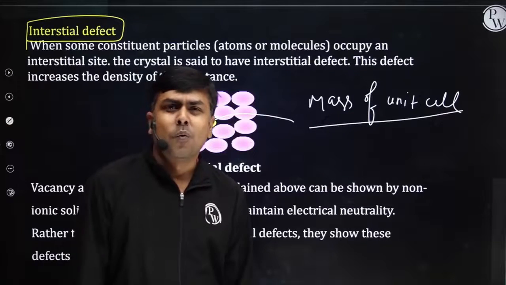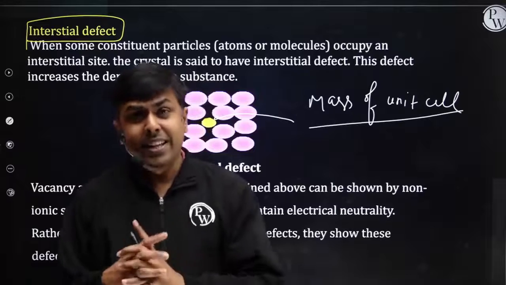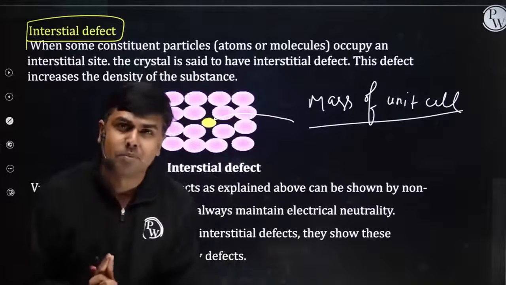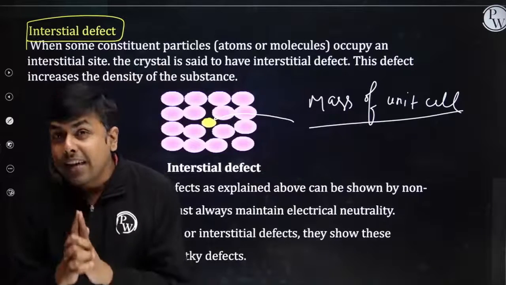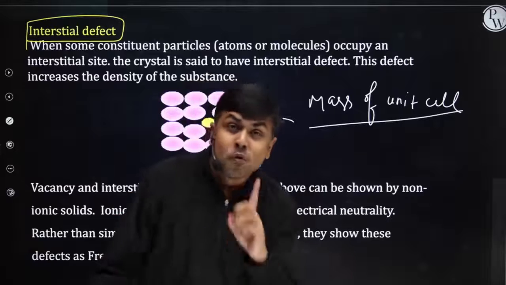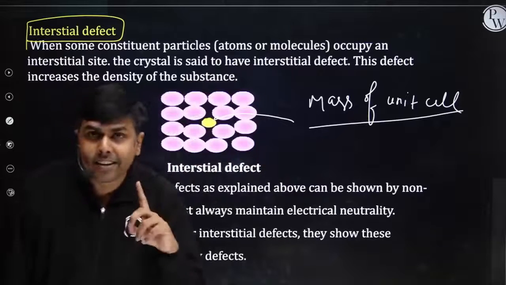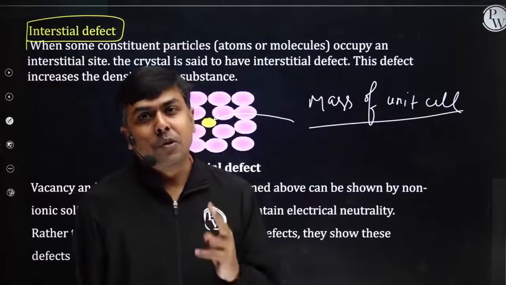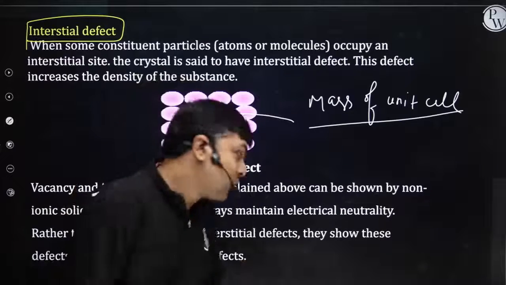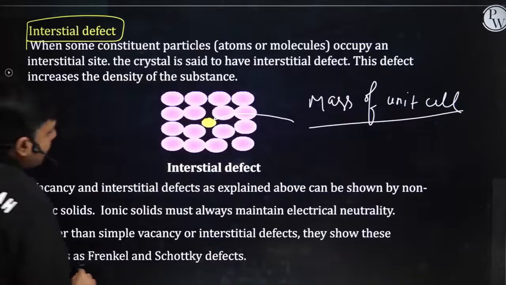Students, now one important point. Basically, in case of ionic solid, electrical neutrality has to be maintained. So in case of ionic solids, rather than defining vacancy defect and interstitial defect, we define two other types of stoichiometric defect, and that is Schottky defects and Frankel defects.